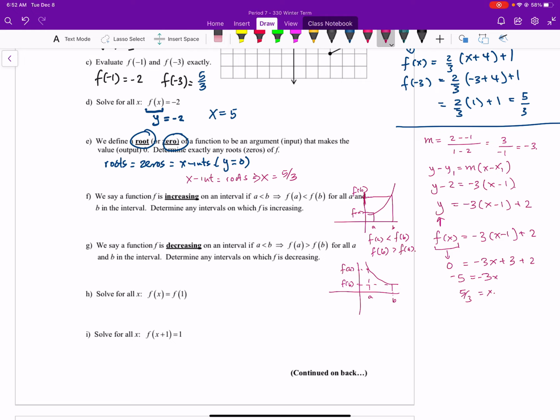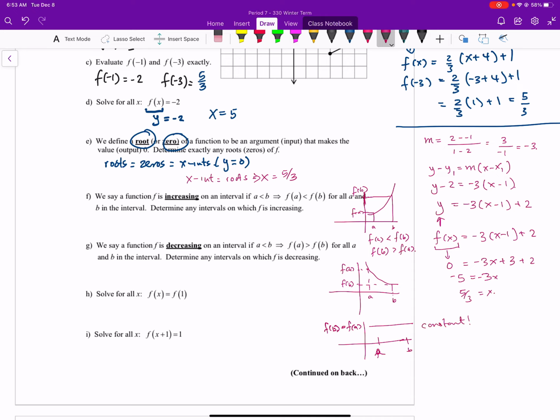And then the third case is if nothing really happens. That means that it's a constant. So a and b, this gives you f of a, which is the same as what f of b is. Since there is no change in the y, we say that this is constant.